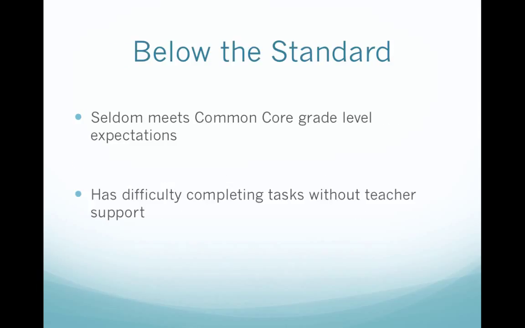Lastly, we have the evaluation of B, or below the standard. This means that your child would not be achieving grade level expectations for that particular standard at this time. Often, the child would need considerable help from the teacher to complete the activity independently. In the cupcake example, the child would have all of the materials to bake the cupcakes, but would not know what to do with them, and would obviously need parents' help and guidance.